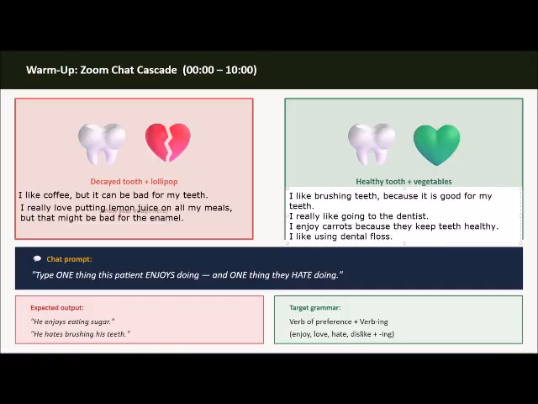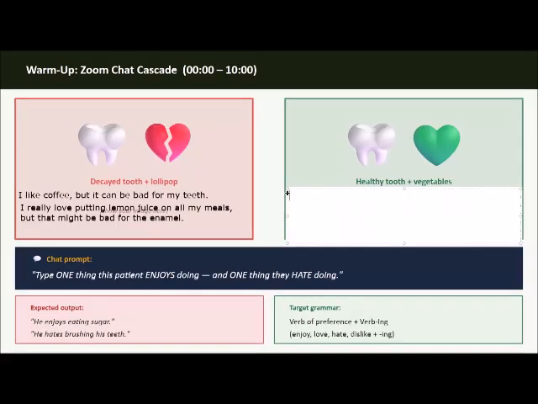Some things we do, guys, that we enjoy, love, like, or that we dislike might positively or negatively affect our dental health. And of course, that's the same thing for the patients that we deal with, right? Let me copy these really good examples to our chat as well, so the rest of you can have them.